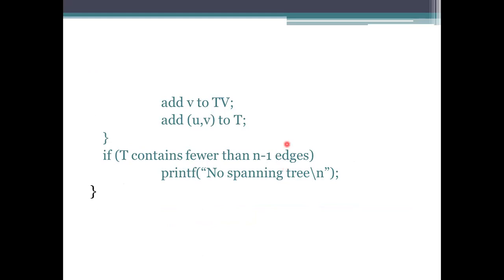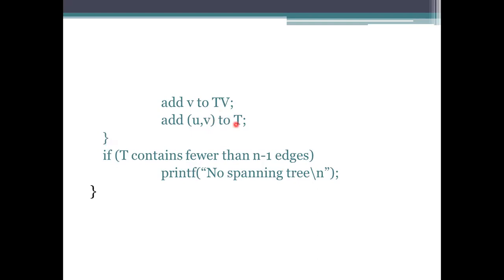So the vertex set and the tree's vertex set should be equal. These two sets should consist of the same elements, and the edges we are using will be added to the tree.